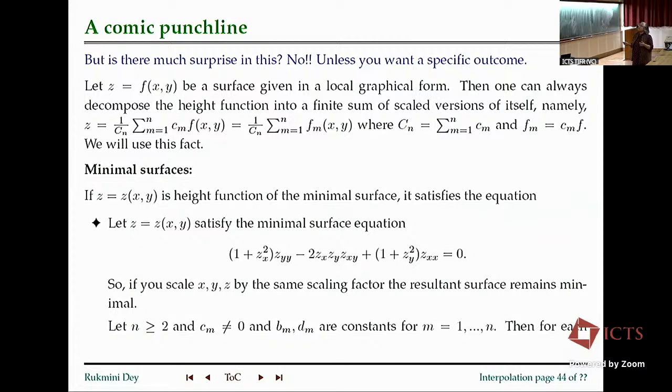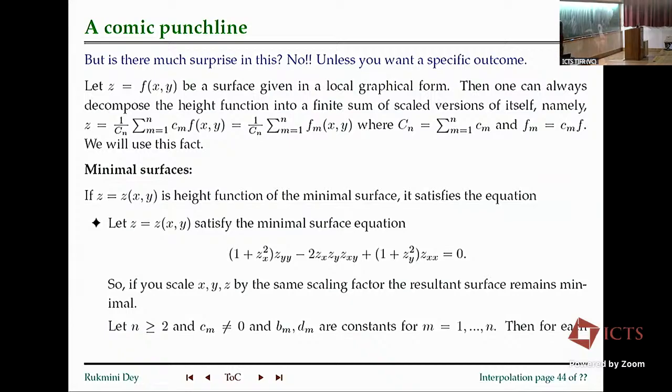There is no surprise in this, because this you can always do, right? This is a trivial fact, that Z you can always write as 1 over Cn, summation m goes from 1 to n Cm, f of xy, where Cn is summation Cm. So basically all I'm saying is very, very simple.